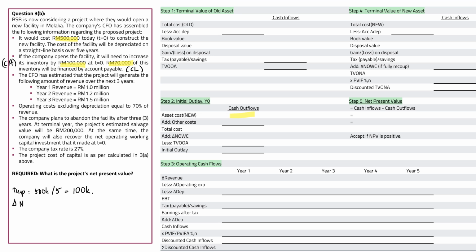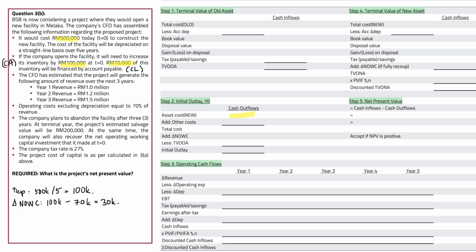Therefore, the change in working capital is actually 100,000 minus 70. Remember, asset is a plus, liability is a minus. So our change in working capital is 30,000.